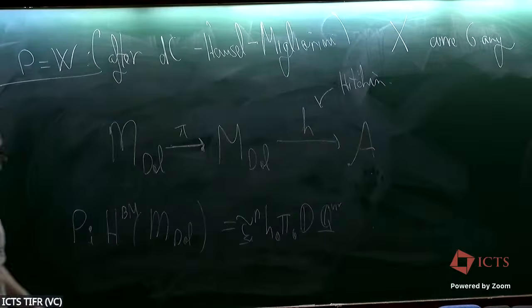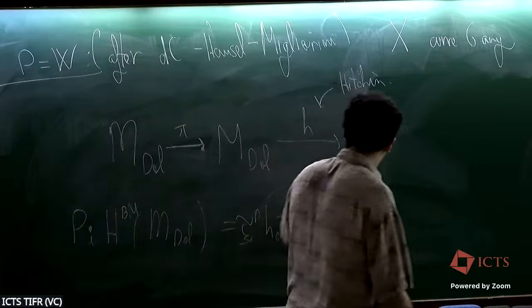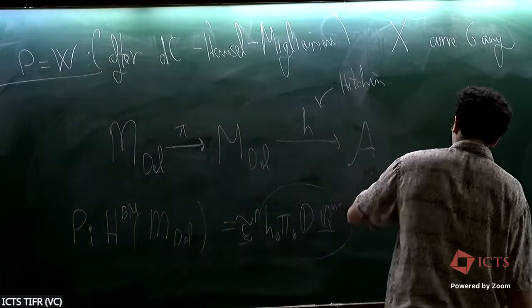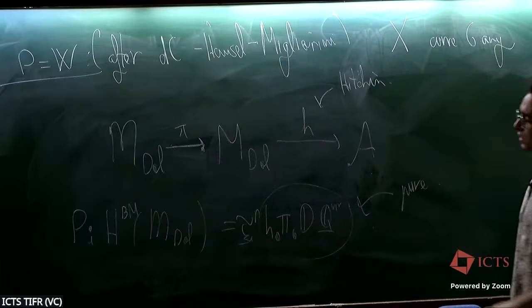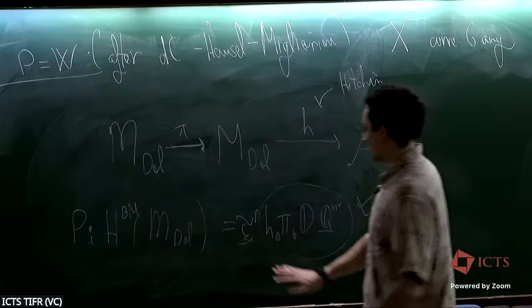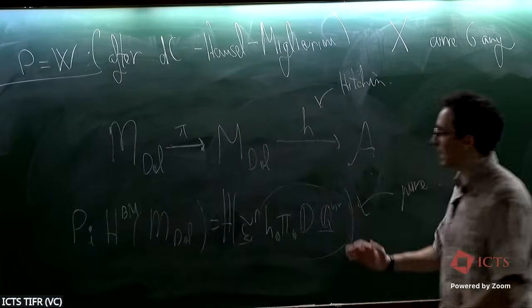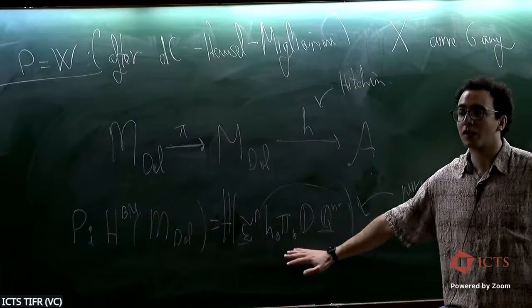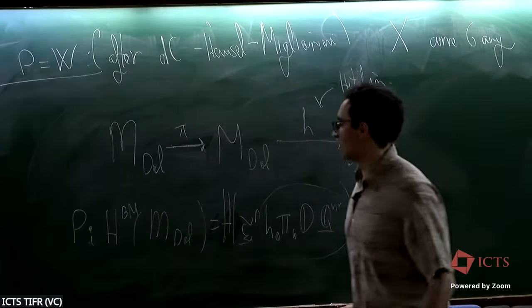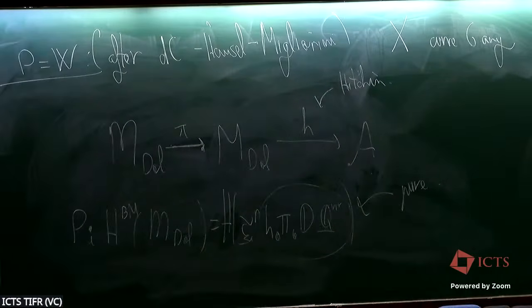And this is a pure mixed Hodge module. So if we take the cohomology of this, all these filtrations are going to split, and therefore we get a well-defined filtration P_i. This is called the perverse filtration, and it uses perverse truncation and the Hitchin fibration.